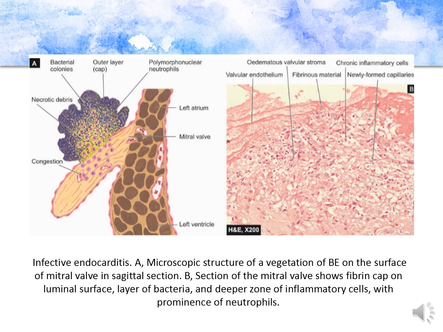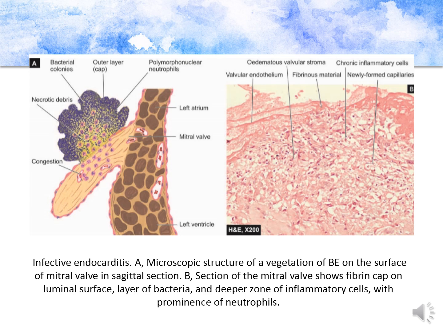The vegetation includes necrotic debris, bacterial colonies, and an outer layer, a crust, rich with polymorphonuclear neutrophils.